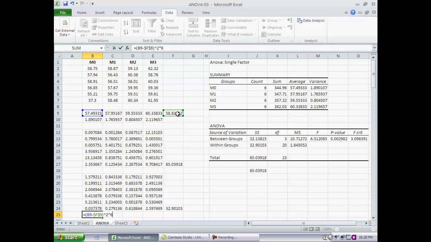I'm trying to imagine that all the data points for the first group are concentrated at the center of the first group. All the data points for the second sample are concentrated in the middle of the second sample. All the points for the third sample are concentrated at the middle of the third sample.